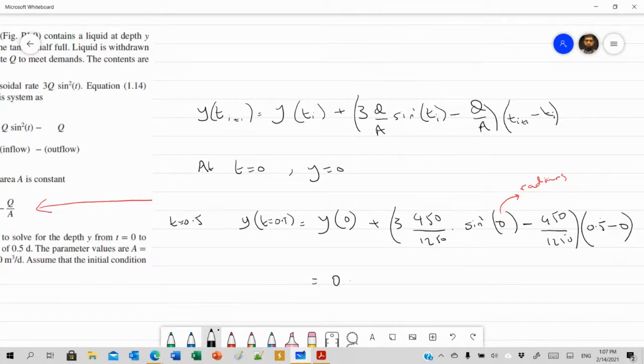So this becomes 0 plus 3 into 450 divided by 1250, 1.08.